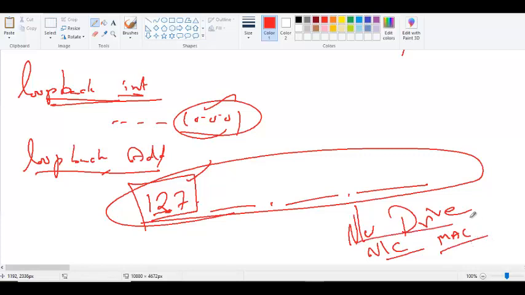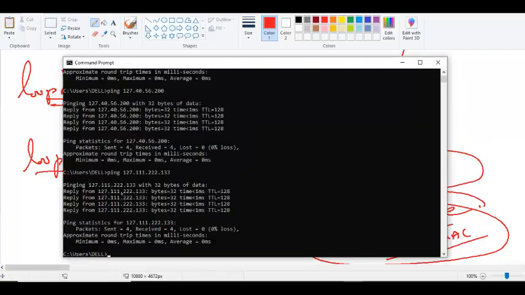As soon as you put 127 and so on, the operating system understands that you are asking it to check whether the laptop is eligible and ready to communicate. If I ping 127 some number and don't get a reply, I need to troubleshoot my laptop first, before calling the ISP and shouting at him. We need to fix the problem in our laptop.